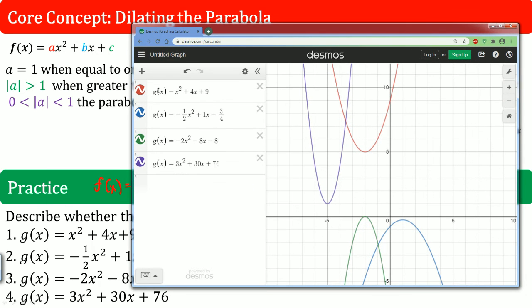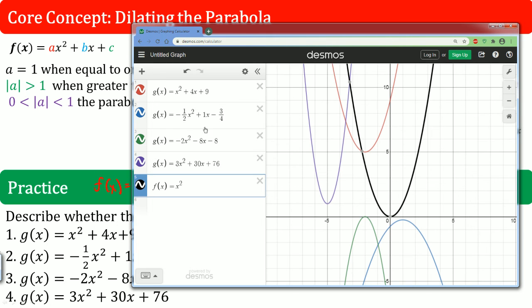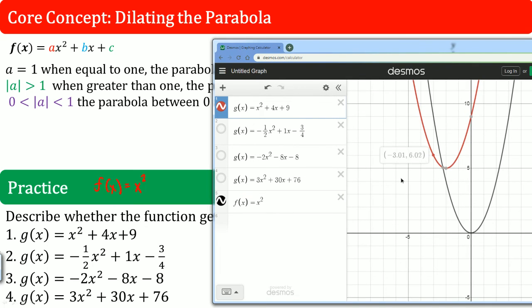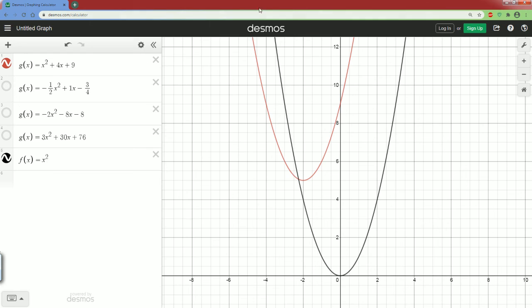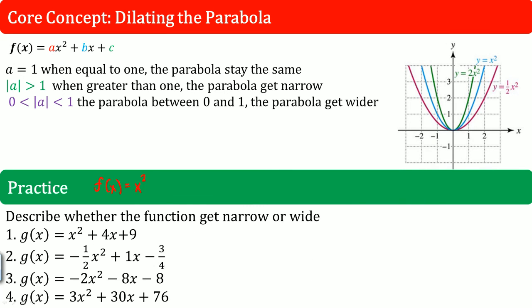So our original was f of x equals x squared. Right? That's the original. Okay? When we graph the first one, x squared plus 4x plus 9, notice these here are the same shape. Right? Visually, if you can't tell, you would say it stays the same because the A here is equal to 1.